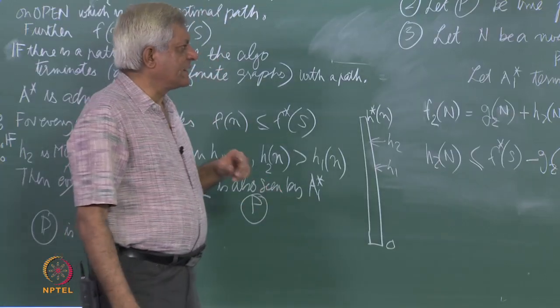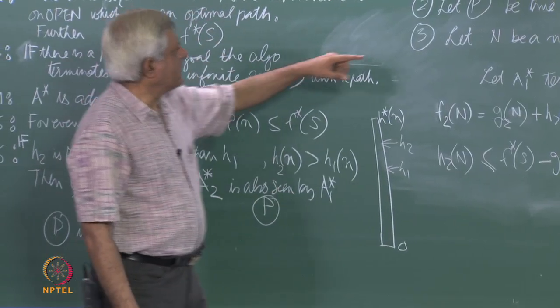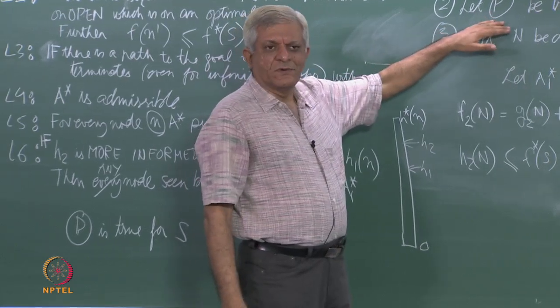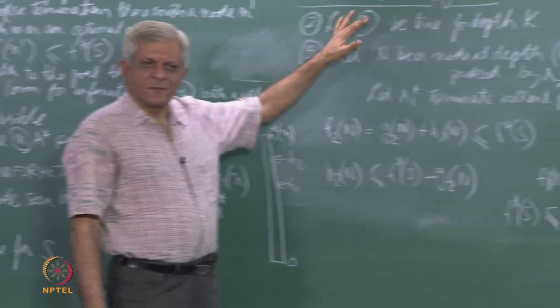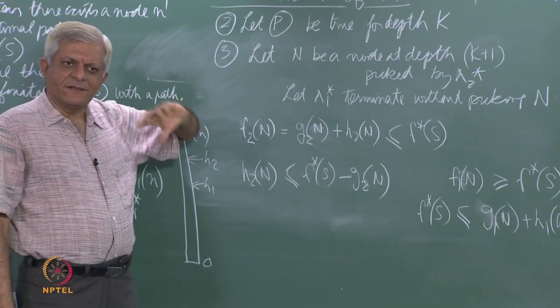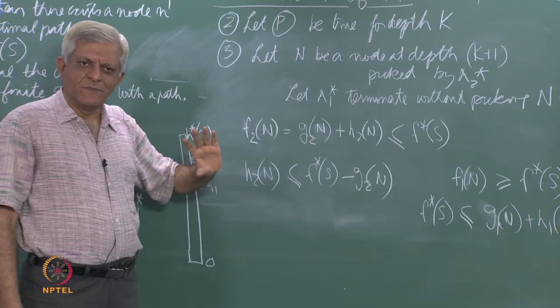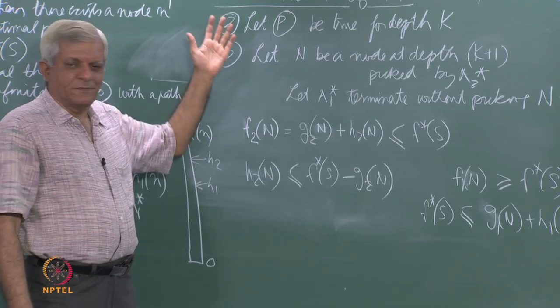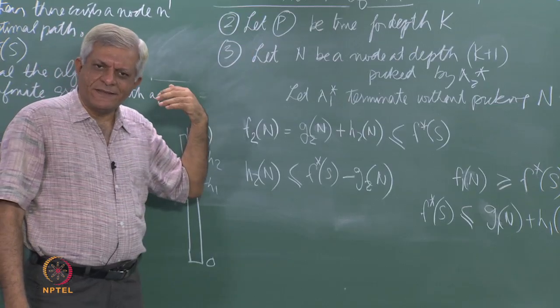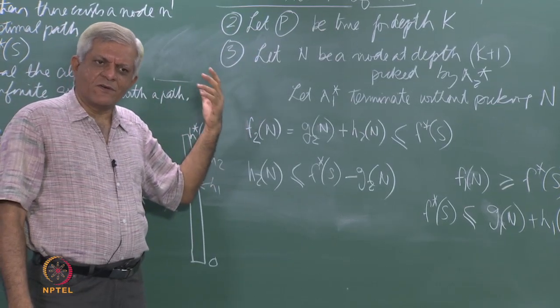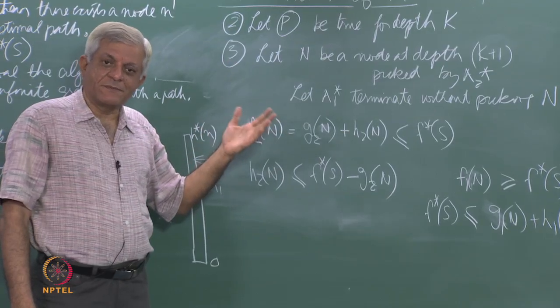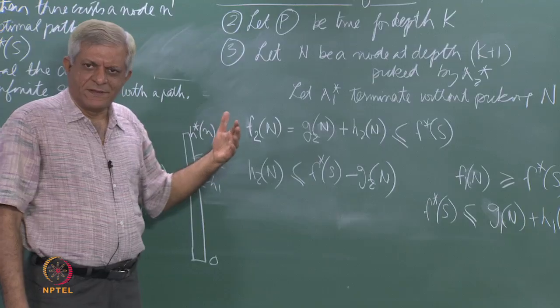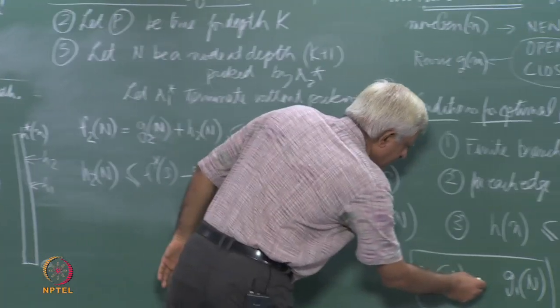You are not getting there exactly, but you must remember this statement we made. Let this condition be true up to depth k, the induction hypothesis, which means that every node that has been seen by A2 up to depth k has also been seen by A1. So, whichever path A2 found, A1 would have also seen that path, but maybe it had seen some other path as well. So, this will be greater than.